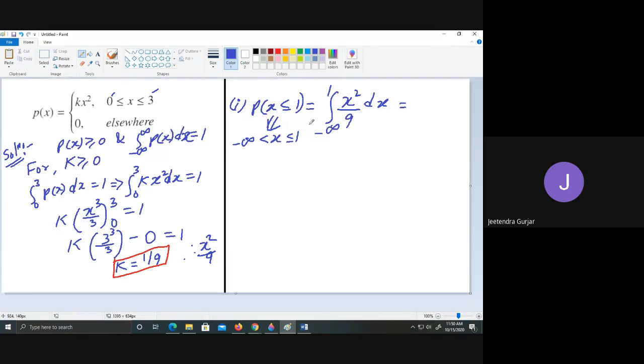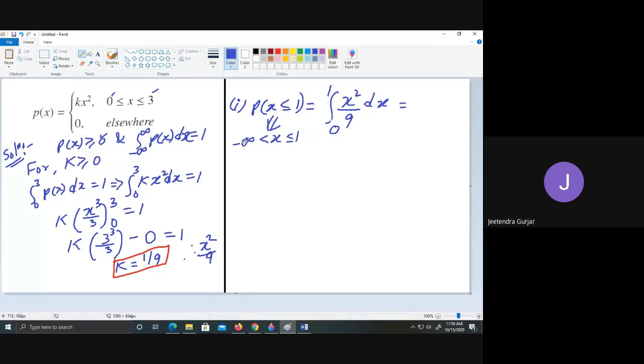Now substitute directly in the calculator. Whatever the minus infinity is, we take this value as 0, because the function is defined only for x greater than or equal to 0.